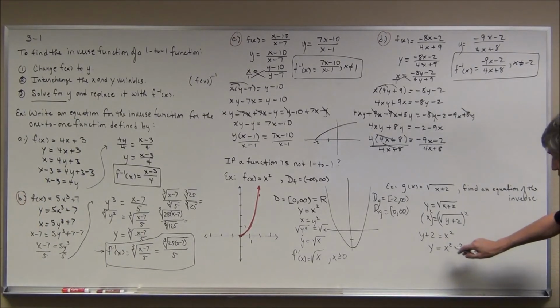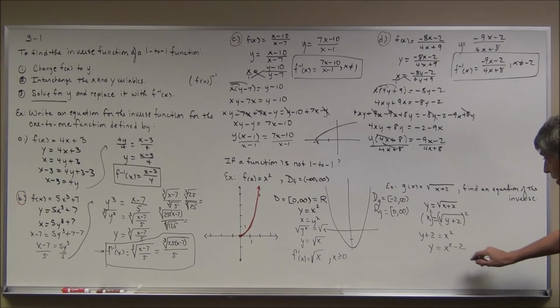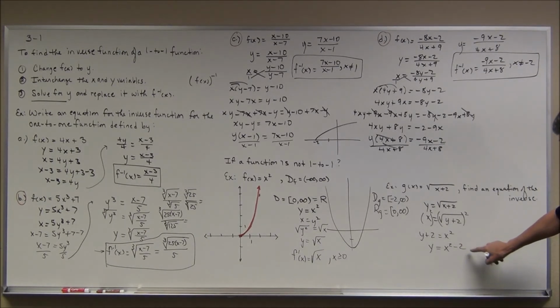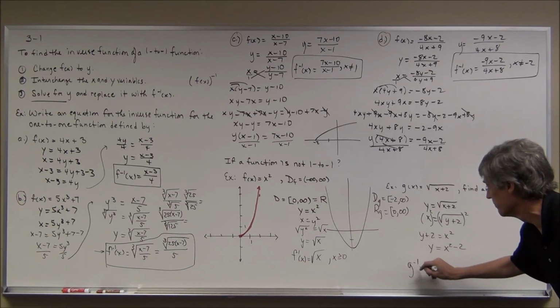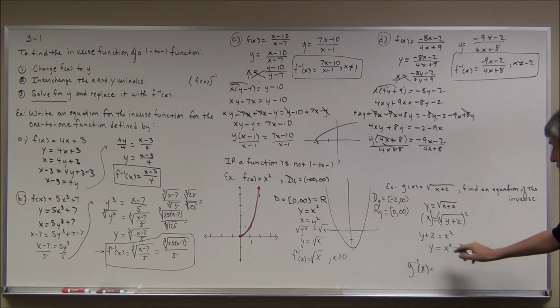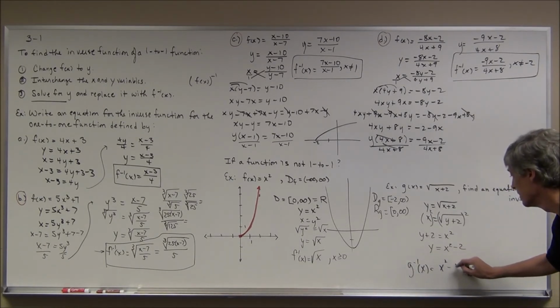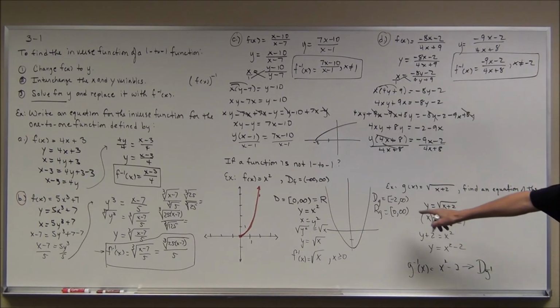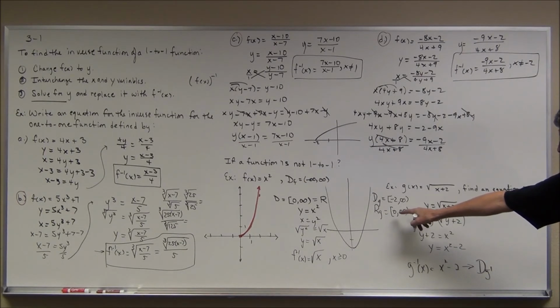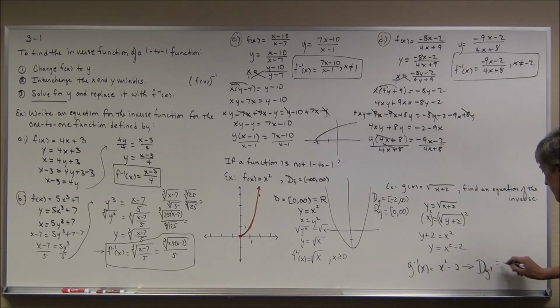Yeah, thank you. So what I'm going to do is I'm going to restrict the domain here. The domain of this inverse function, which I'm going to call g inverse of x, is going to be equal to the range of the original function, which would be from 0 to infinity.